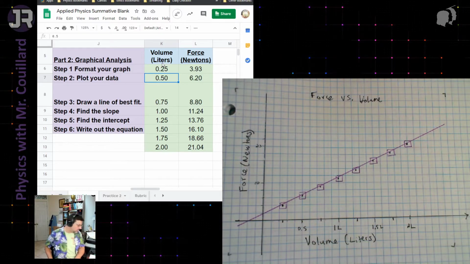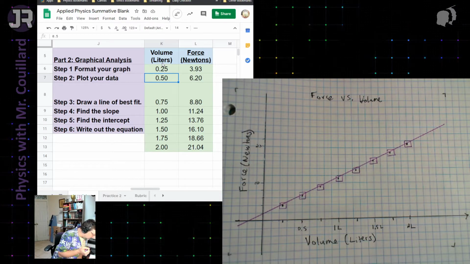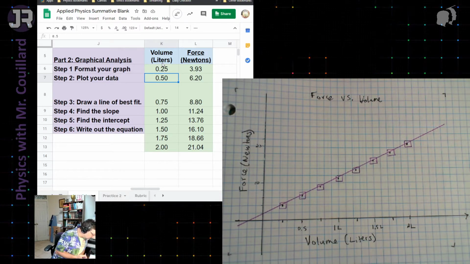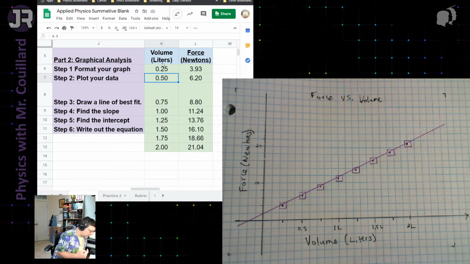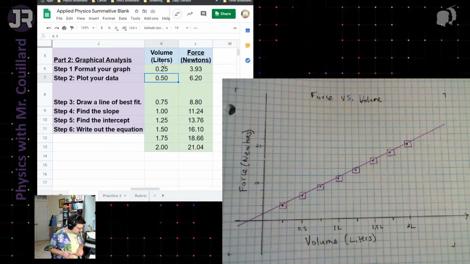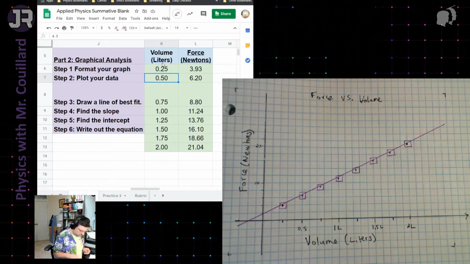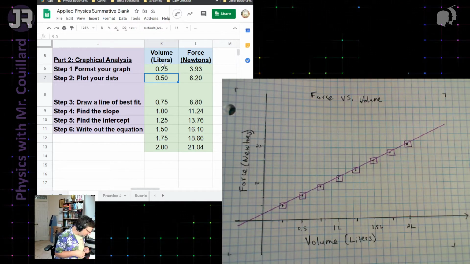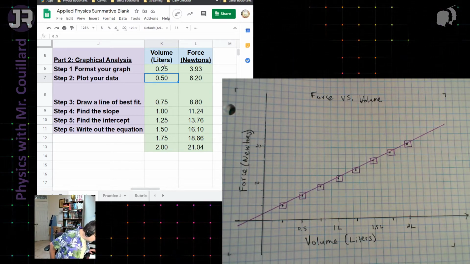So yeah, ideally you want to draw straight through as many points as you can, and then if the data is more scattered, you want to aim for half above and half below. But well, we'll see how good my graphical analysis is. Yours is probably going to be better than mine is on this, based on that line.